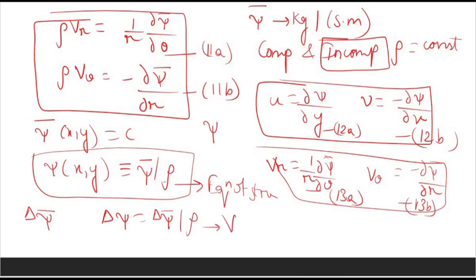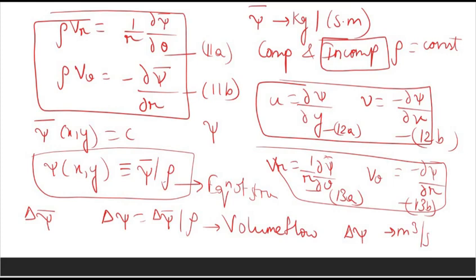This represents the volume flow per unit depth between the two streamlines. The unit of delta psi can be written as meter cube per second, which is nothing but the volume flow between the two streamlines. So what is this concept of stream function?